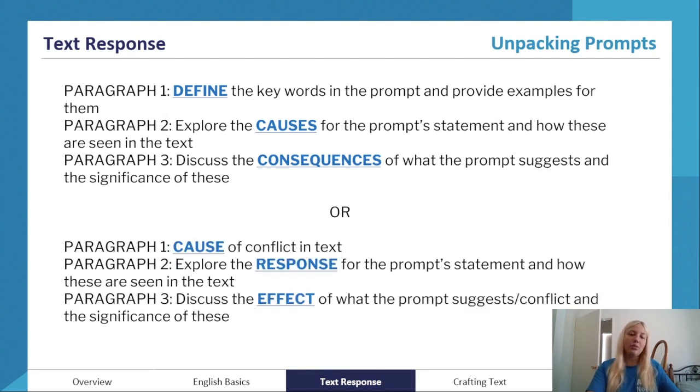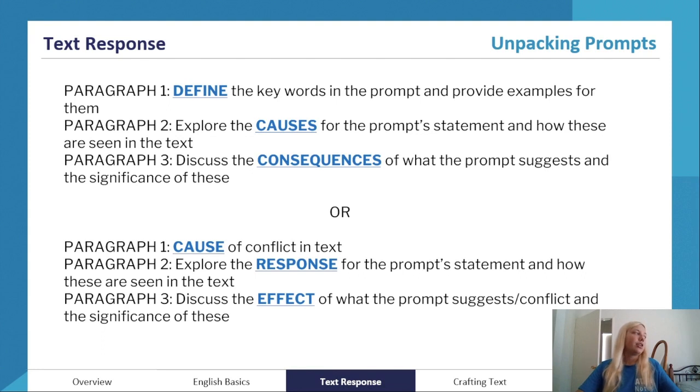So when unpacking a prompt, there are a few ways you could plan your arguments, and here are some suggestions. You could start your first body paragraph, and this is just basically what your argument is about for each paragraph. So one structure that goes quite well is if in the first paragraph you're essentially defining the keywords in the prompt and providing examples for them.